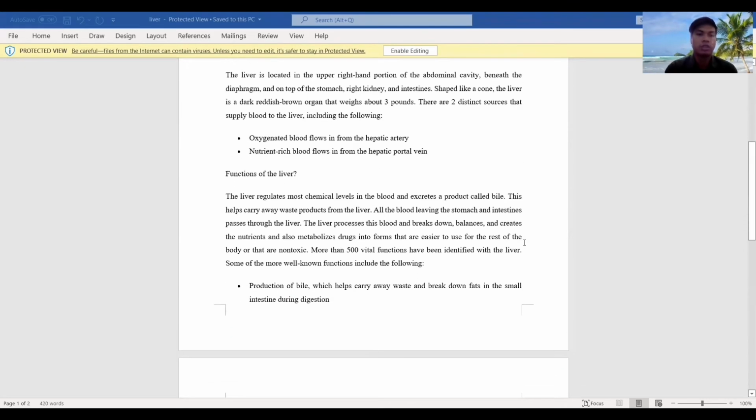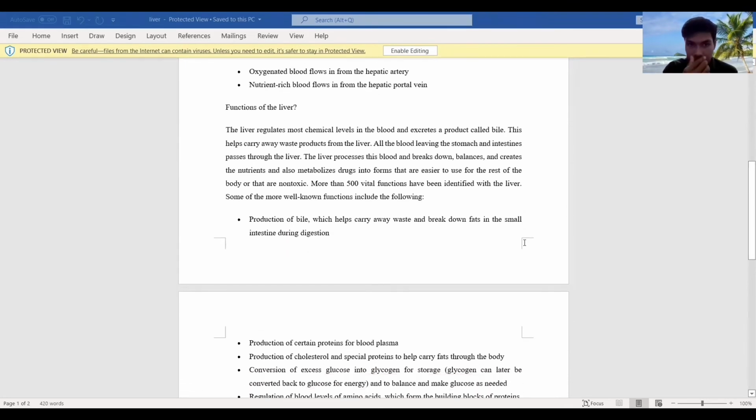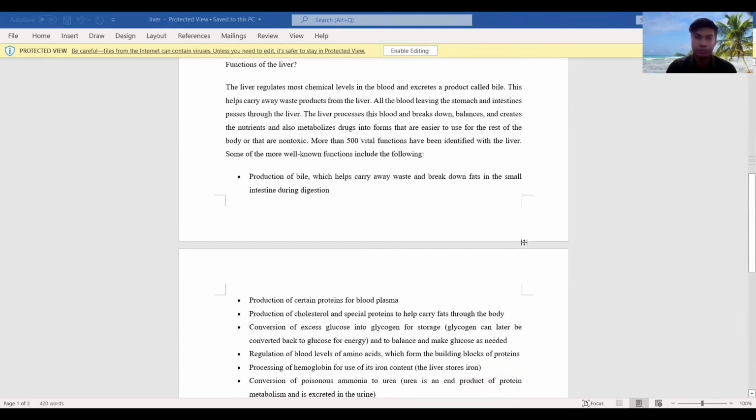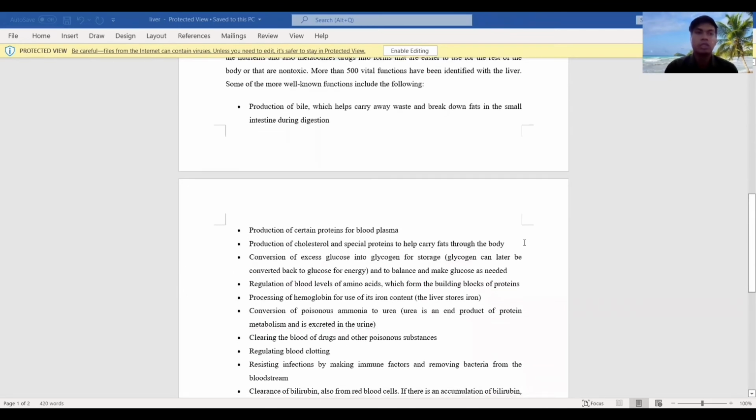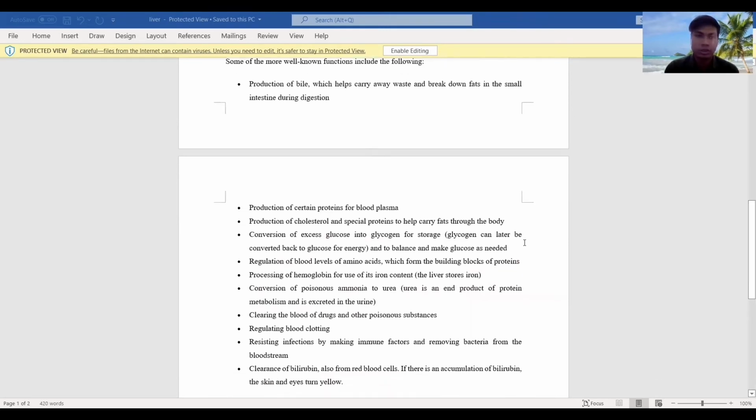And the functions of the liver. More than 500 vital functions have been identified with the liver. Some more well-known functions include the following. Production of bile, which helps carry away waste and break down fats in the small intestine during digestion.